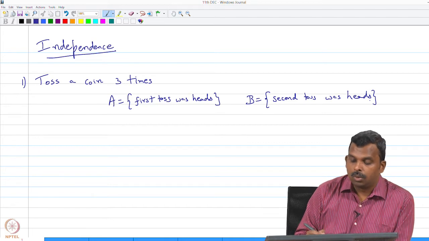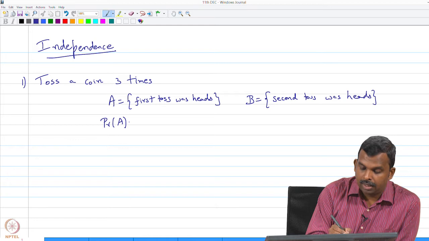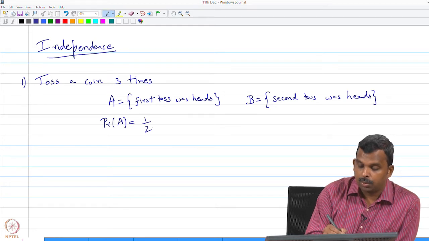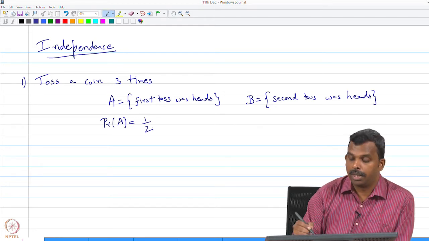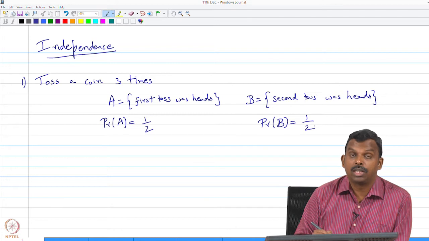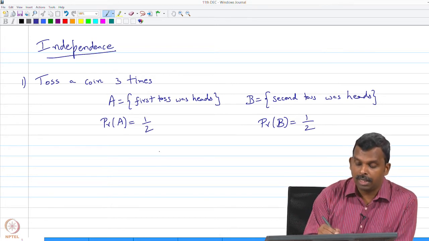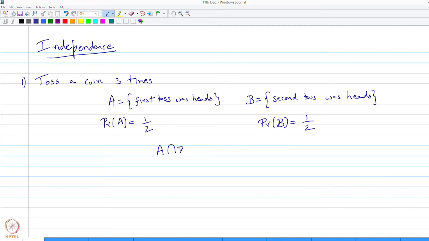Okay. So, if you were to compute the probability, we know that the probability of A is 1 by 2, right. First toss was heads is 1 by 2. Similarly, probability of B is 1 by 2. These two are not enough to conclude about the independence of A and B. You have to compute one more probability, which is the probability of A intersect B. What is A intersect B?